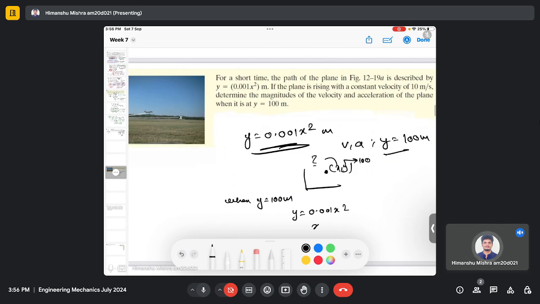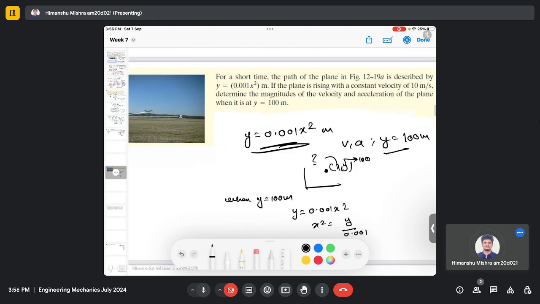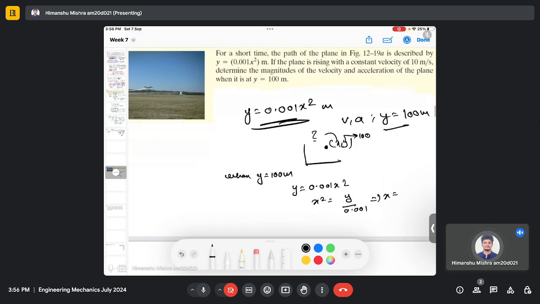The x you can write as y divided by 0.001. So if your y is 100, then your x will be 316.2 meter when you solve this.